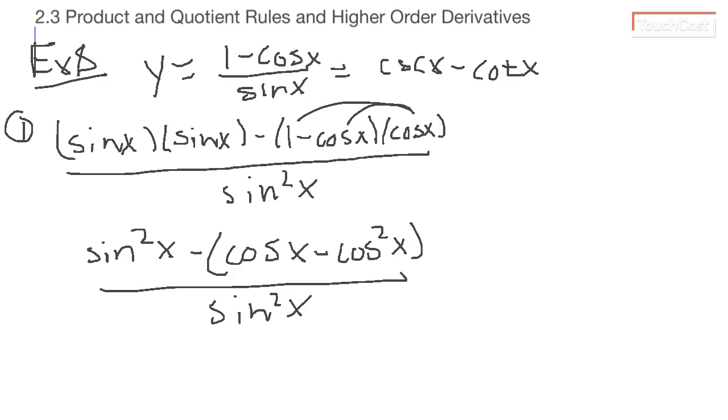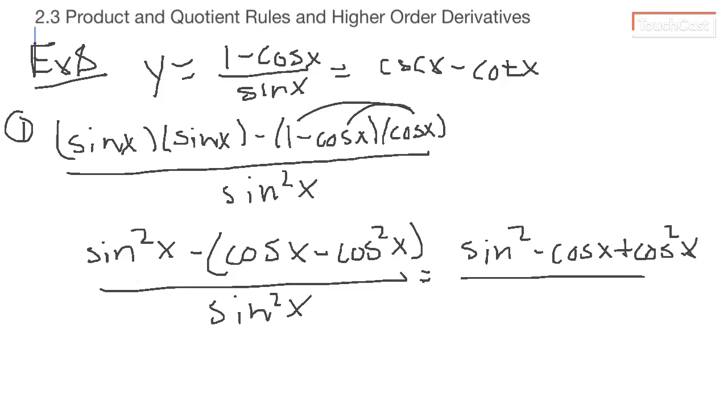And then we can distribute this minus into the cosine x minus cosine squared. So we're going to have sine squared x minus cosine x plus cosine squared x over sine squared x.